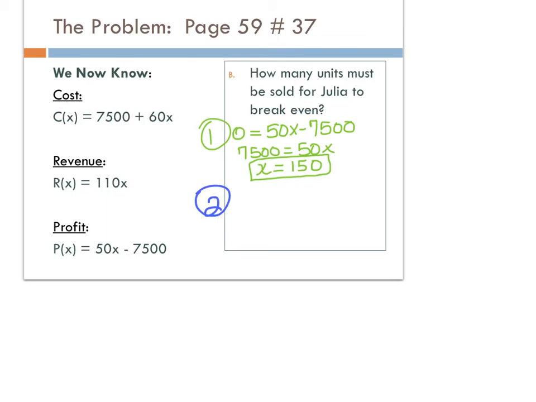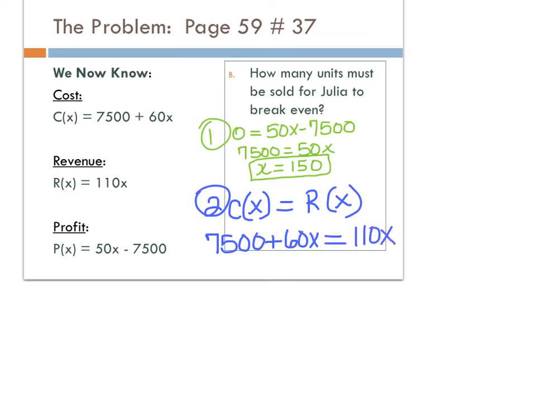If we take our revenue function and set it equal to our cost function, 7,500 plus 60x, and solve for x, we're going to get 7,500 equals 110x minus 60x.